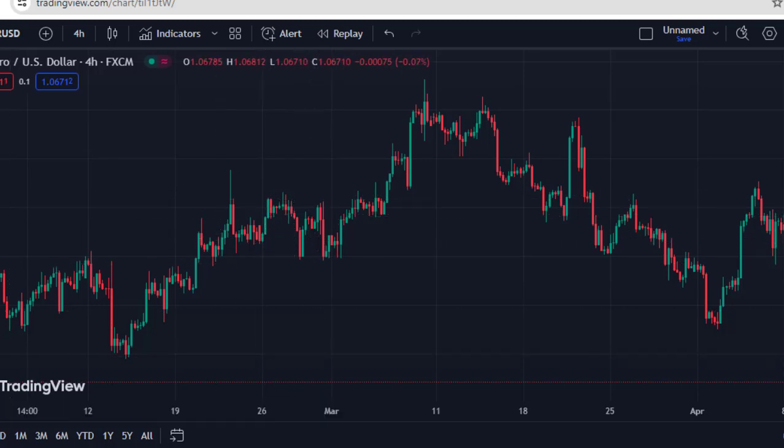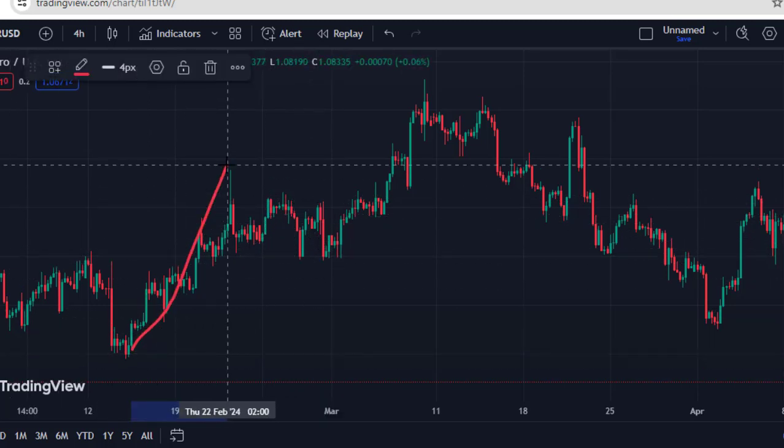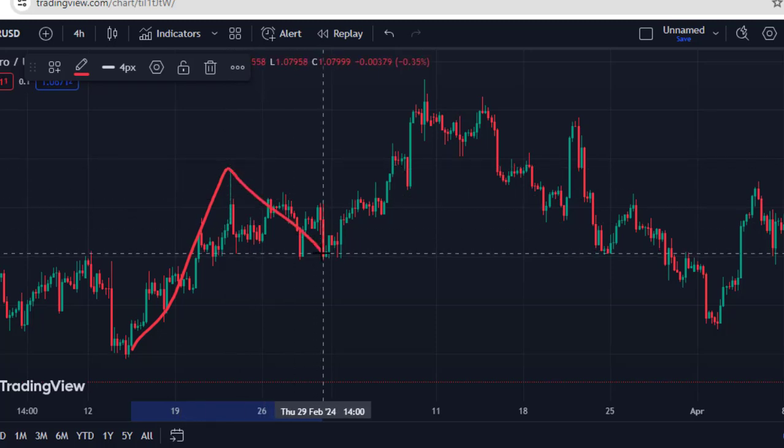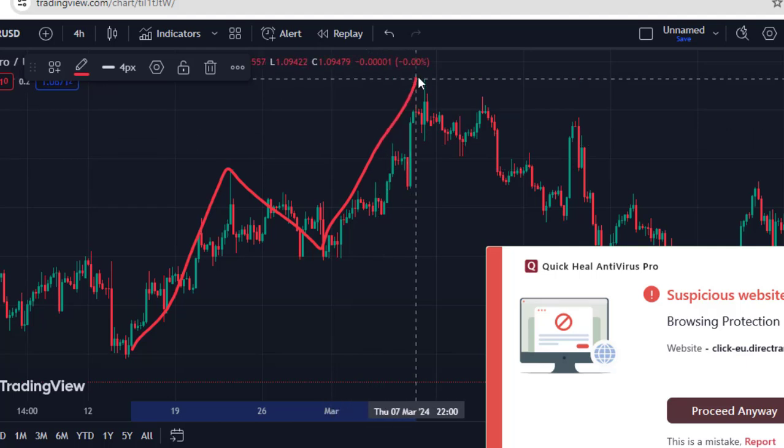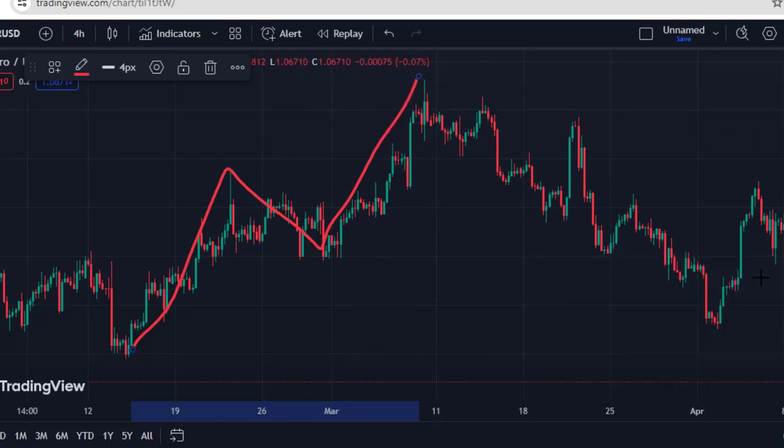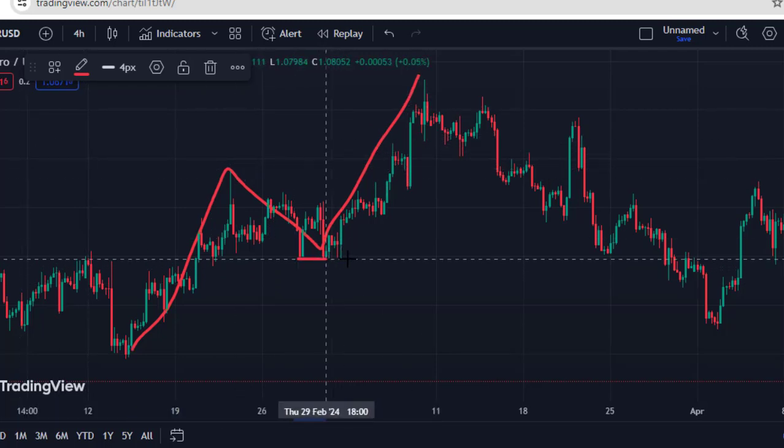After this movement to the upside, the next significant retracement we see is this one. And then afterward, we see this impulse to the upside, and then the market begins to come back to the downside. Now, if you look at this market at this point, it has not really had any break of structure. The break of structure of this market happened at this area right here.